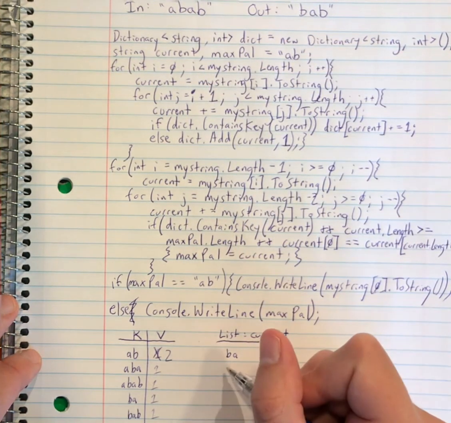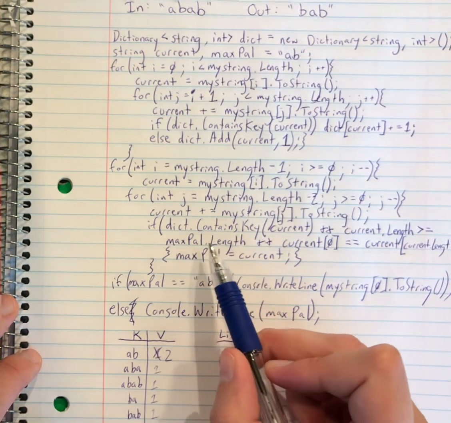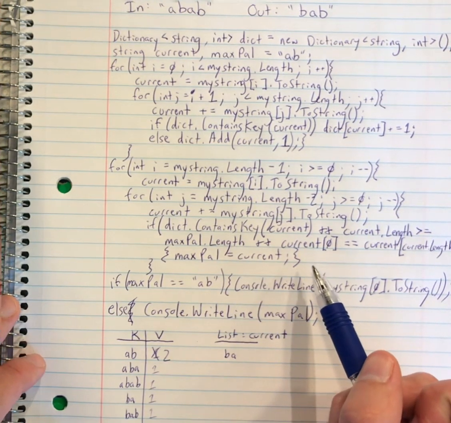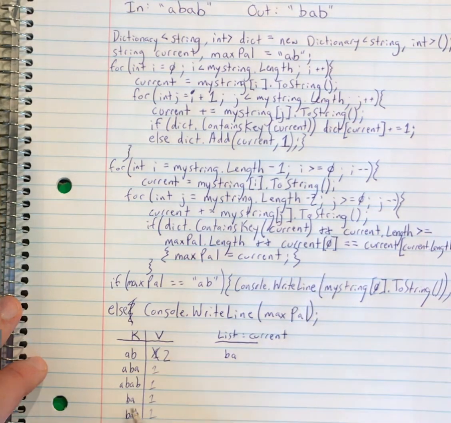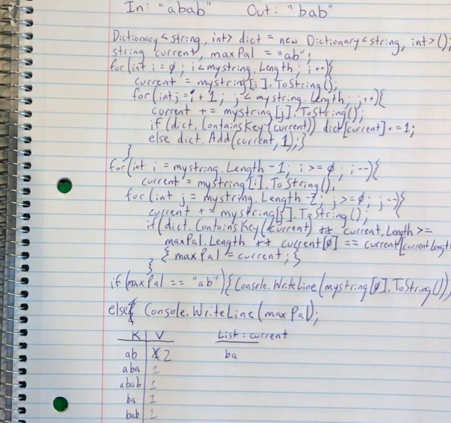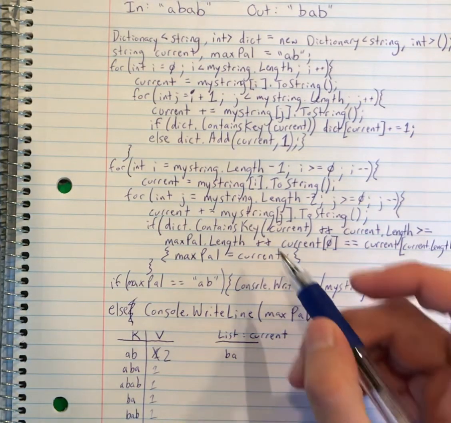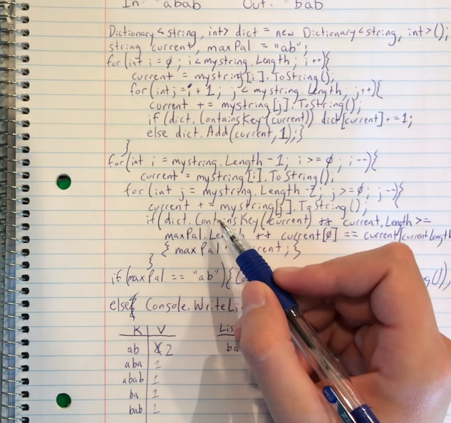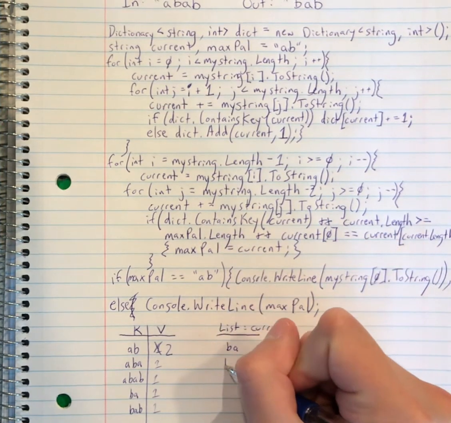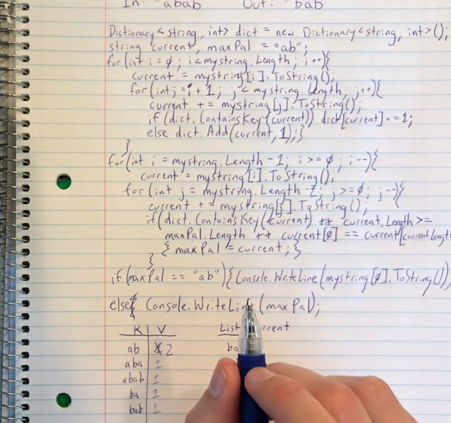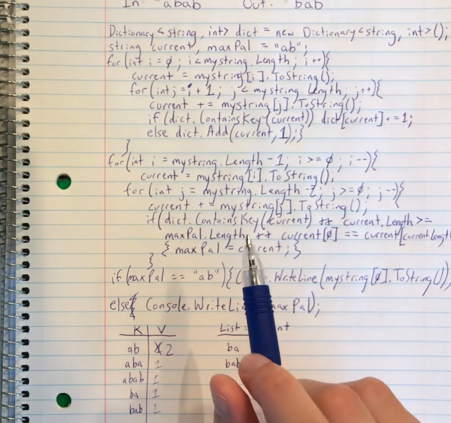The dictionary does contain this key, but the first and the last letter don't match, so maxPal is not updated here. Okay, so now current is BAB.